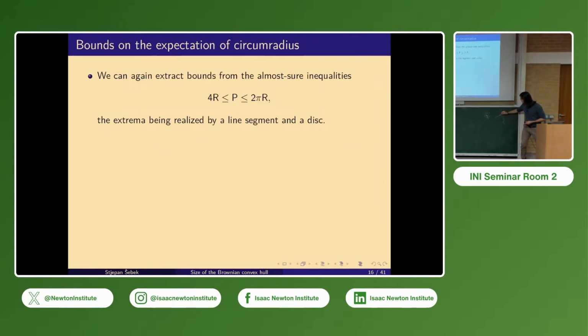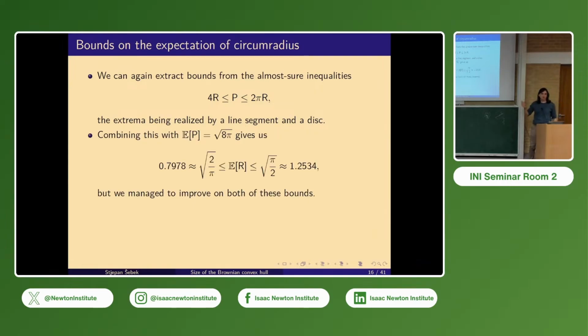If this R is the circumradius of some convex set, the smallest convex set in terms of its perimeter with this inradius is again just this line, and the largest convex set in terms of its perimeter with this circumradius is this disk. So again, we get some bounds from the expected value of the perimeter for free, just as in the case of the diameter.